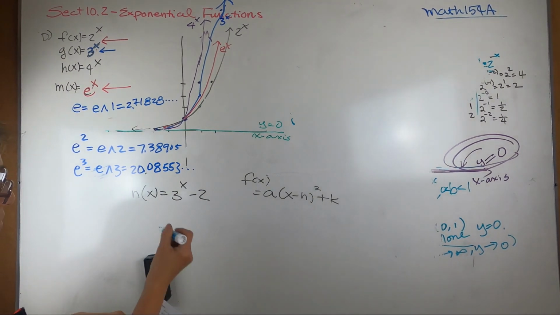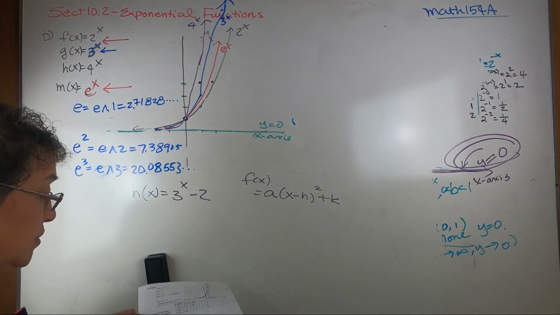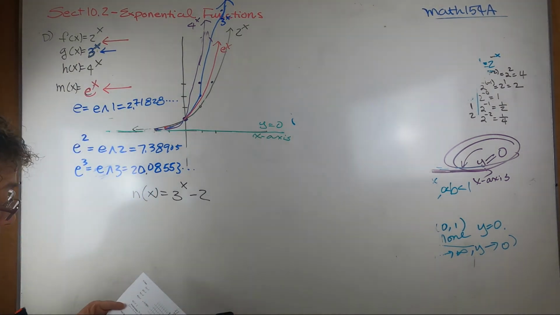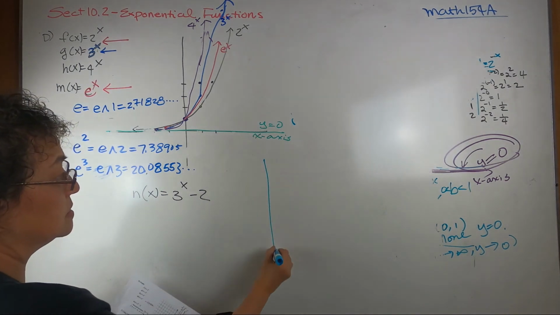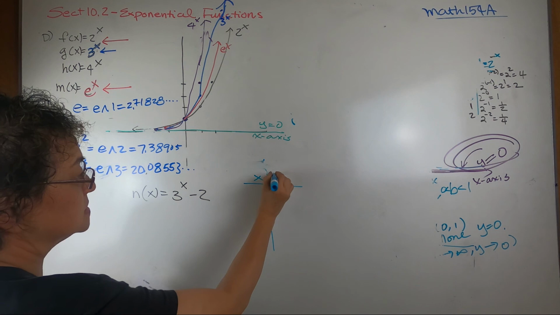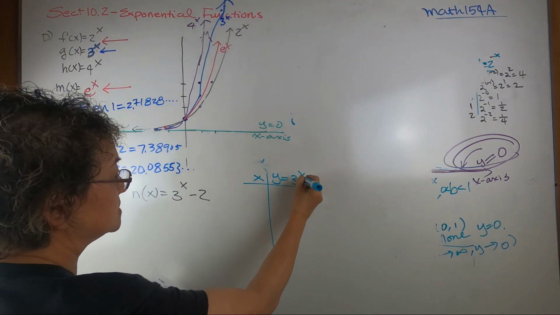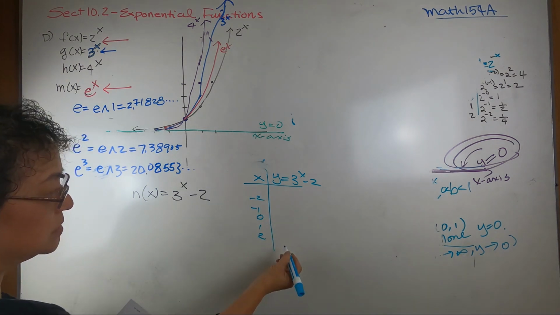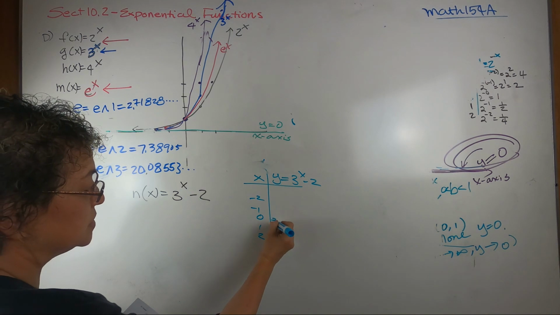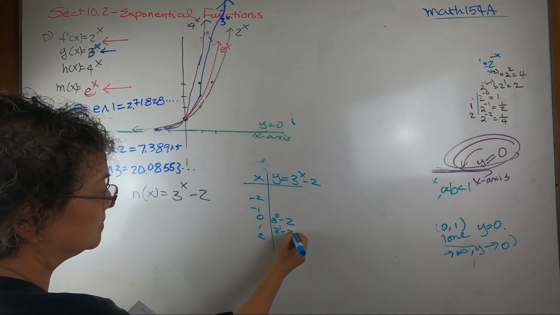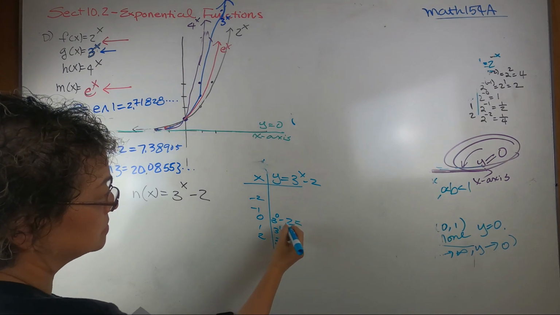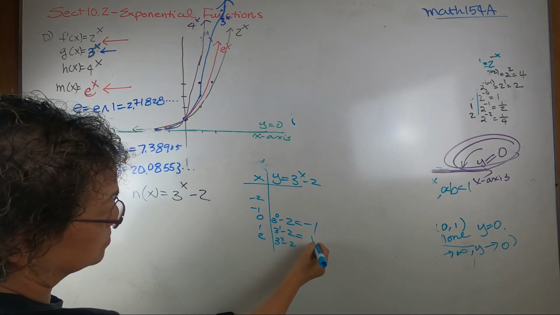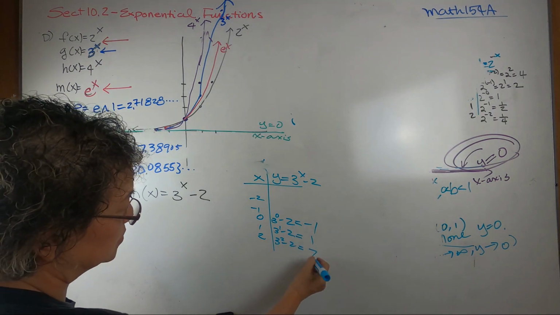So if it's like this one, what should we have? If you plug in your numbers, y equals 3^x minus 2. Same thing, you put a 0 in the middle, 1, 2, negative 1, negative 2. 3 to the 0 minus 2, 3 to the 1 minus 2. 1 minus 2 becomes negative 1, 4, 9 would be 7.